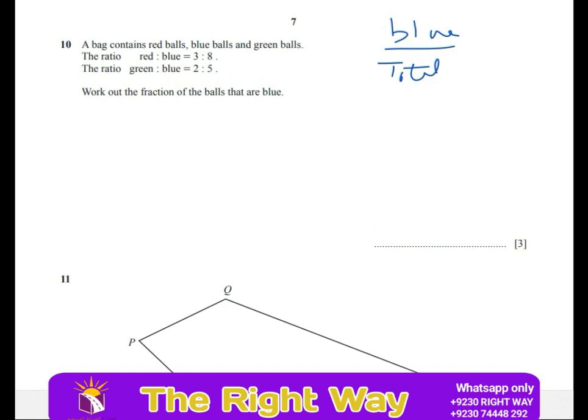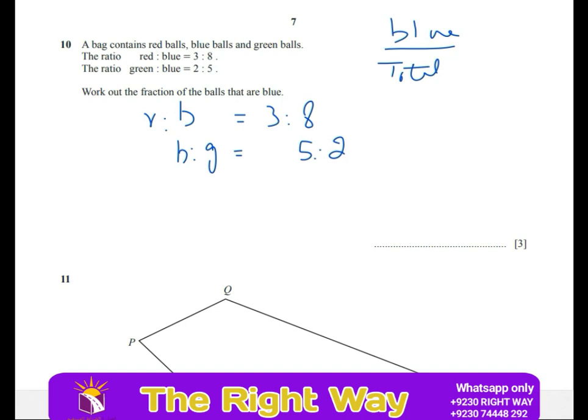So first of all, red to blue will be equal to 3:8, and then blue to green will be equal to 5:2. We are given the ratio green to blue, when we convert it into blue to green, it will be 5:2.